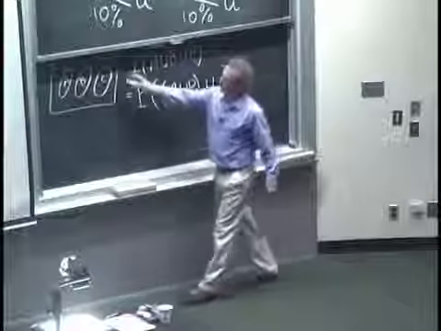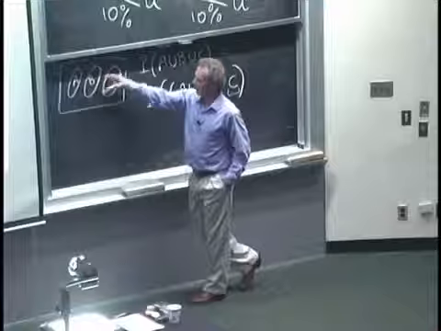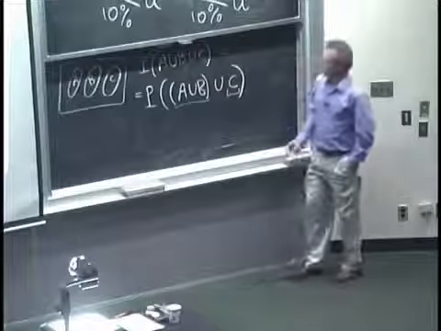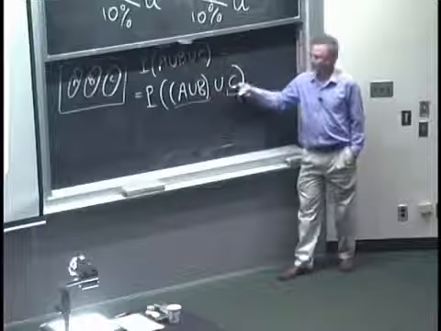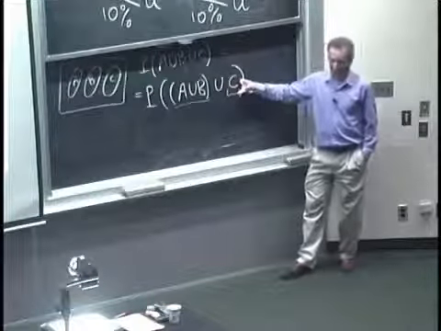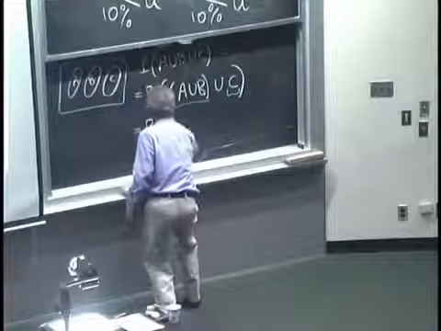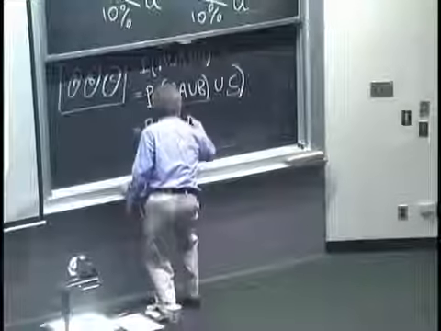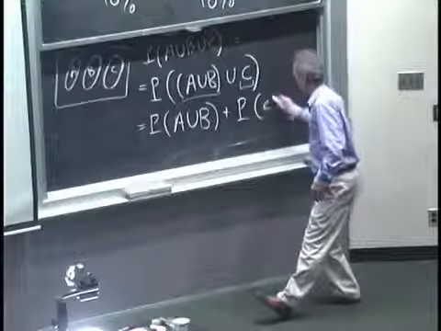So here we have the union of 2 sets. Now, A, B, C are disjoint by assumption, or that's how I drew it. So if A, B, and C are disjoint, then A union B is disjoint from C. So here we have the union of 2 disjoint sets. So by the additivity axiom, the probability of that union is going to be the probability of the first set plus the probability of the second set.